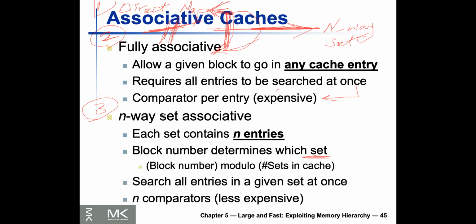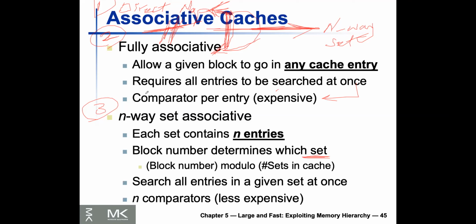That's why we have different names for n-way set associative: you might have 2-way, 4-way, or 8-way set associative. That number determines the different entries, and inside each set you treat it as fully associative, so it could be anywhere within it. That's somewhere between direct map and fully associative, with n-way set in the middle.